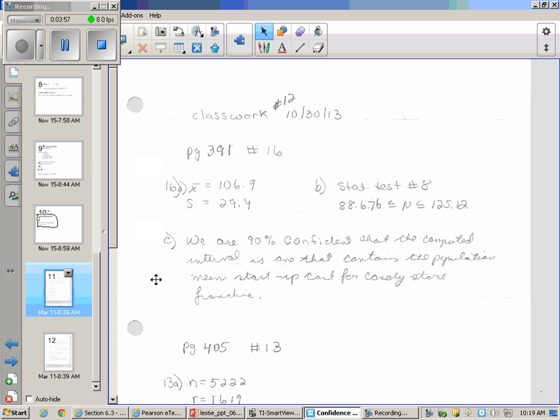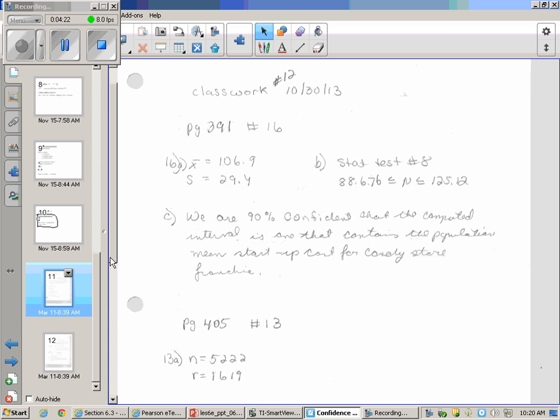Let's turn to page 405 and do example 13a. On 13, we're talking about a random sample, your n of 5,222 permanent dwellings on the entire Navajo Indian Reservation, which showed that 1619 were traditional Navajo Hogans. The 1619 is your r.